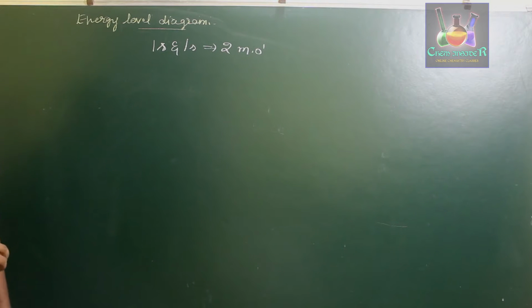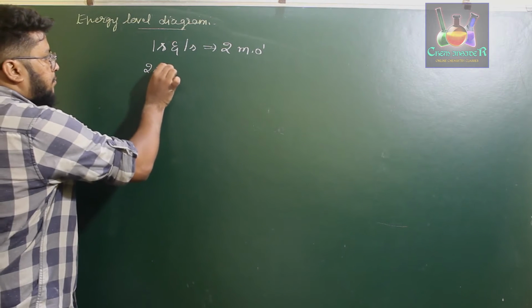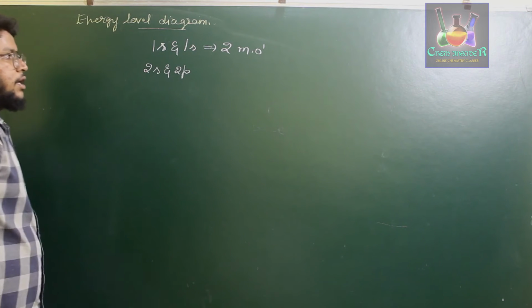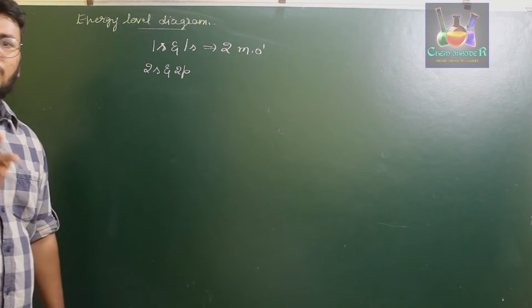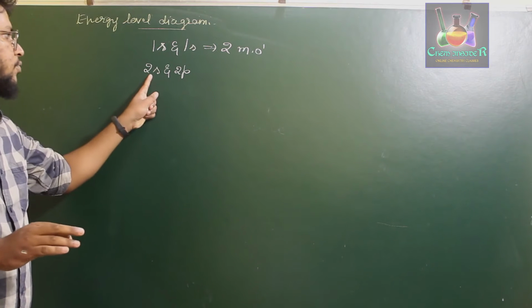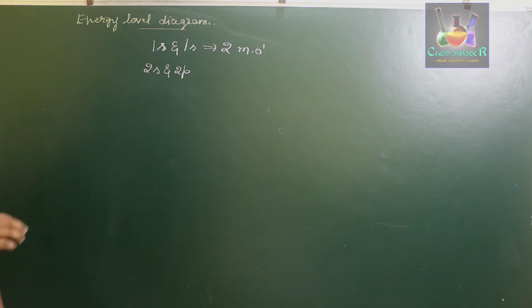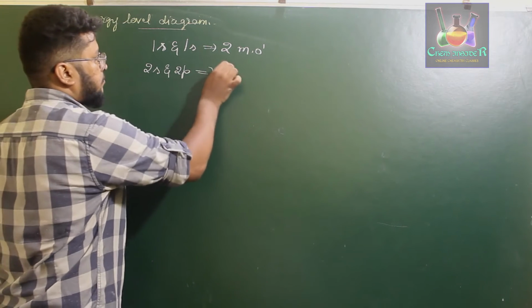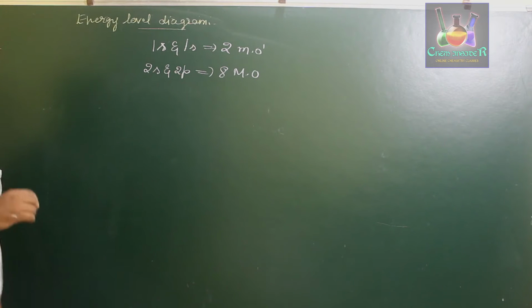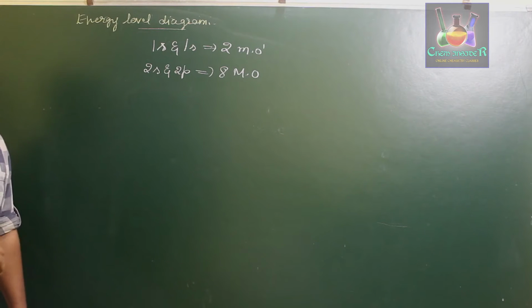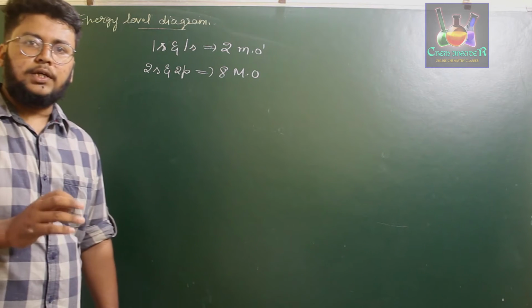If you consider n equal to 2, that is 2s and 2p, here 2s and 2p combined have 4 atomic orbitals, 1 of 2s and 3 of 2p. So therefore they give us 8 molecular orbitals. If you consider 3s, 3p and 3d, they give us 18 molecular orbitals. So the number of molecular orbitals completely depends upon the number of atomic orbitals which are combining.